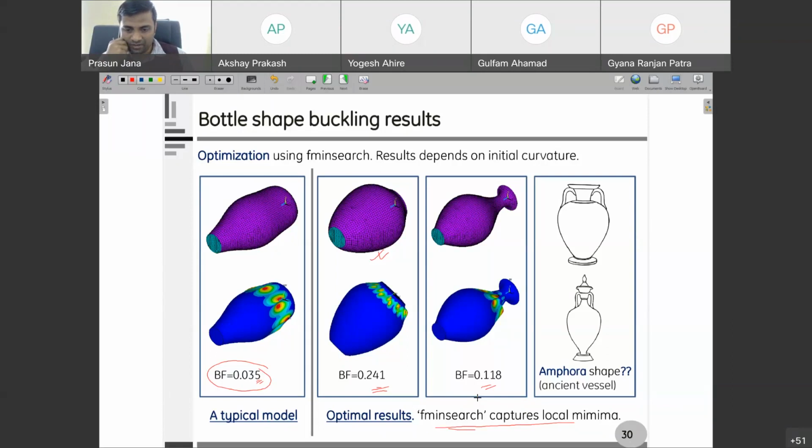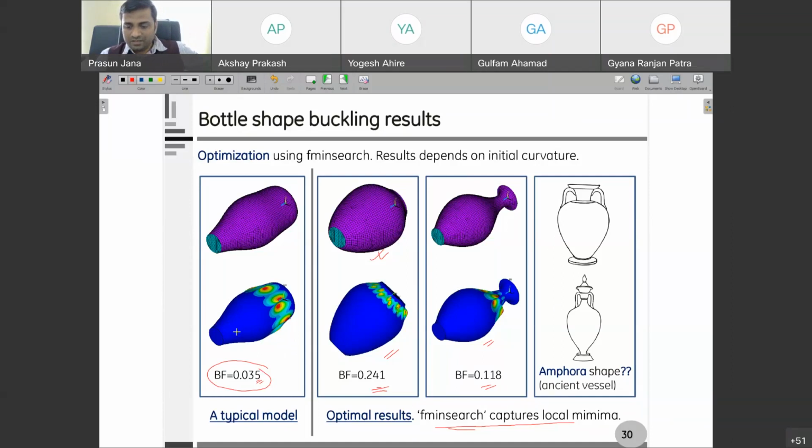The point is that the shapes are very interesting for this study. If you see, they have this amphora kind of shape, and the preliminary study we did earlier was giving a similar shape. So maybe this can give some idea why ancient vessels probably used this kind of shape. It has higher buckling strength than an arbitrary shape.